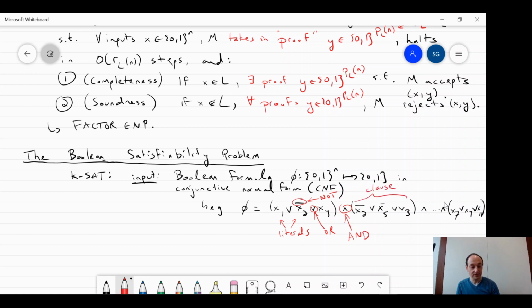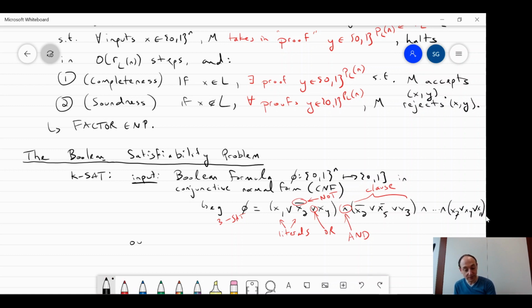So typically this is a 3-SAT formula, let's be clear, because I have clauses of size 3, so there are 3 literals in each clause. And to satisfy the formula, to get this Boolean formula to evaluate to 1, because we have ANDs between all the clauses, you have to satisfy every single clause individually, so that all the ANDs are true.